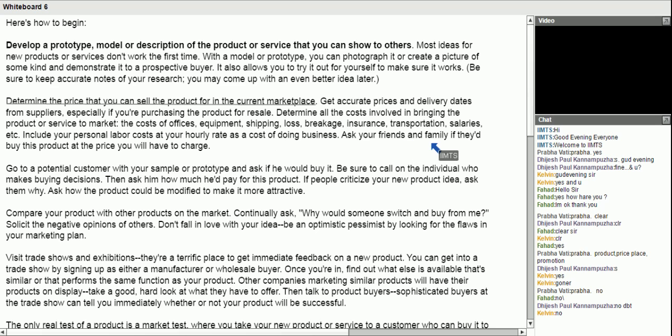Ask your friends and family if they would buy this product at the price you will have to charge. Right, so this is how to set the pricing by including all these charges and our hourly charges.